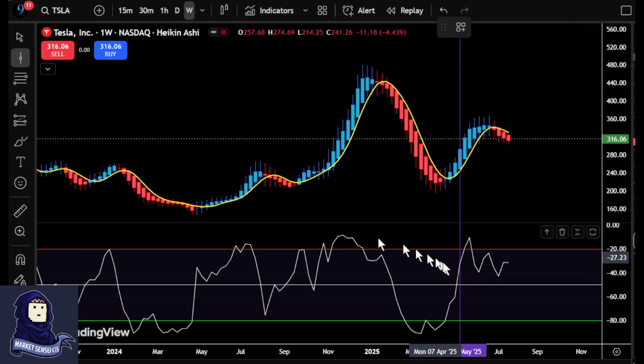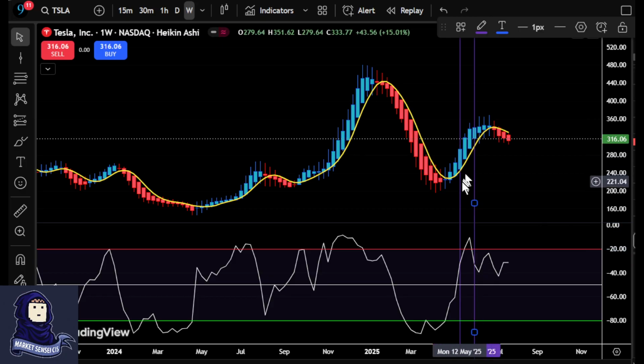So as long as, I usually prefer to ask people to enter after a break above this 50 line, and then hold it until it breaks the previous overbought zone, like here. So you buy here and you exit somewhere around here. It's not much.